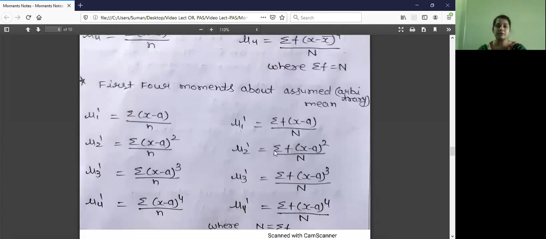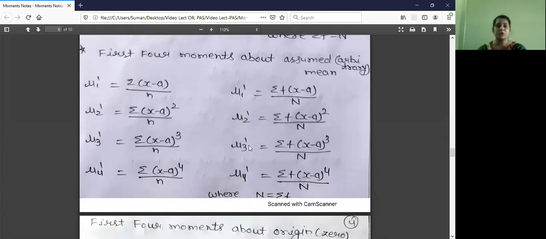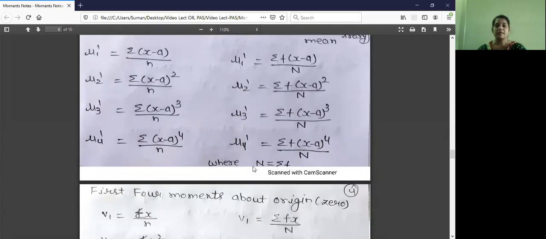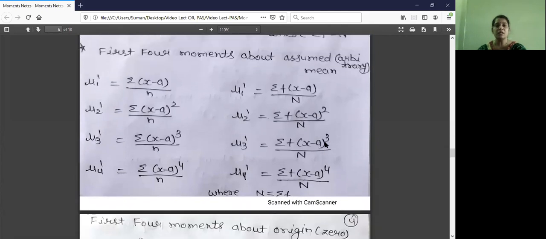Mu2 dash is equal to summation f x minus a whole square divided by capital N. Mu3 dash is equal to summation f x minus a whole raised to the power 3 divided by capital N. Mu4 dash is equal to summation f x minus a whole raised to the power 4 divided by capital N, where capital N is equal to summation f, that means sum of the frequency.